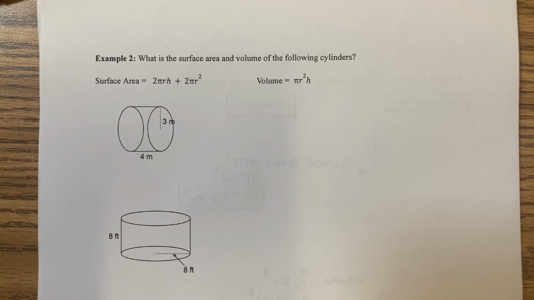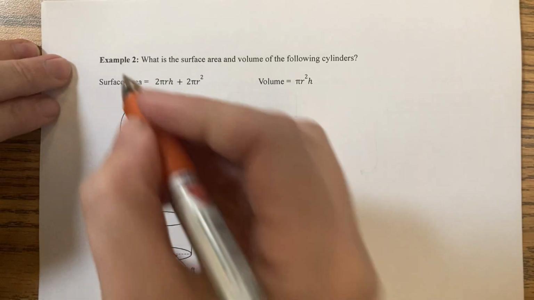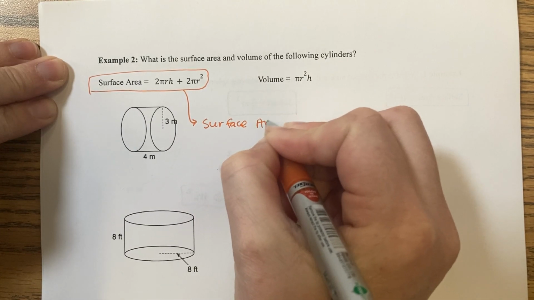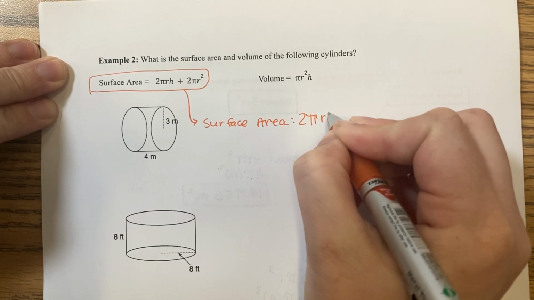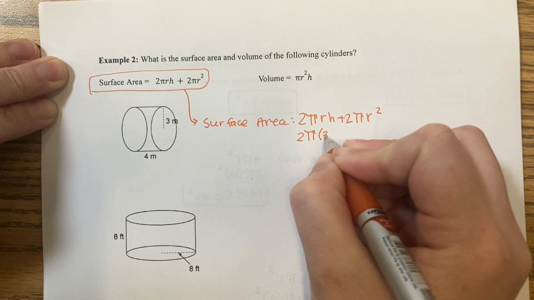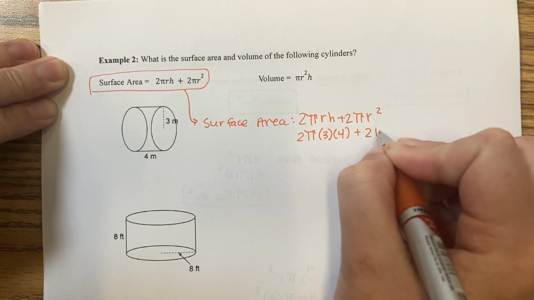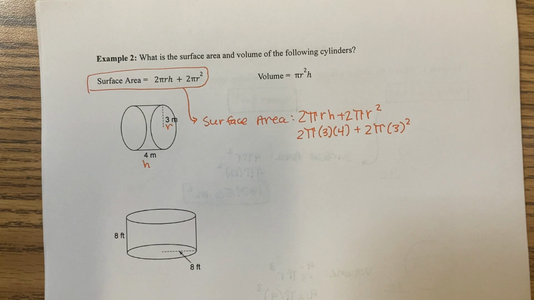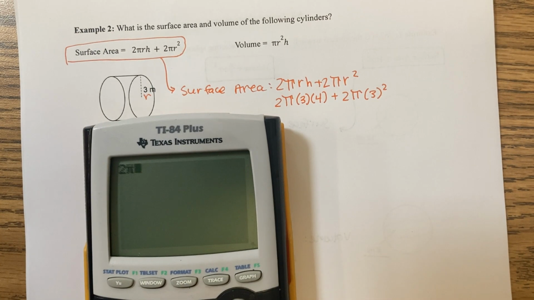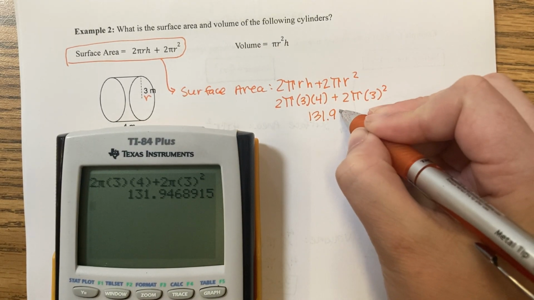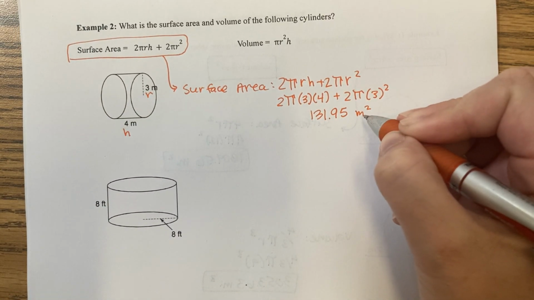We are going to find the surface area for one cylinder. 2 pi r h plus 2 pi r squared. 2 pi, the radius is a 3, the height is a 4, plus 2 pi, 3 squared. 2 pi, 3 times 4, plus 2 pi, 3 squared. And that is in meters squared for area.